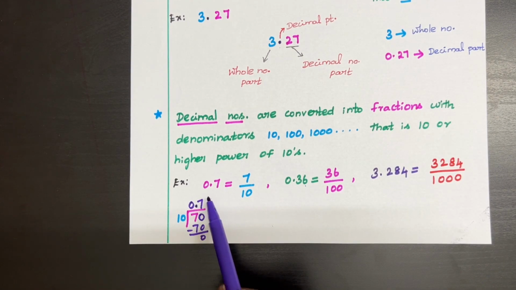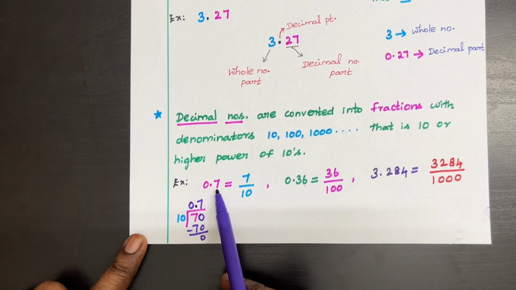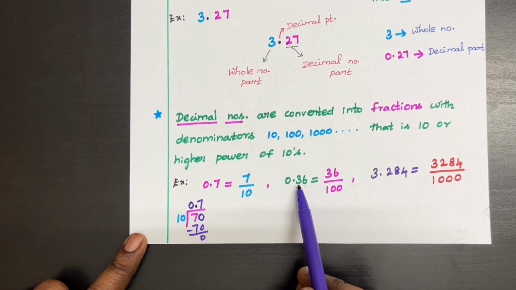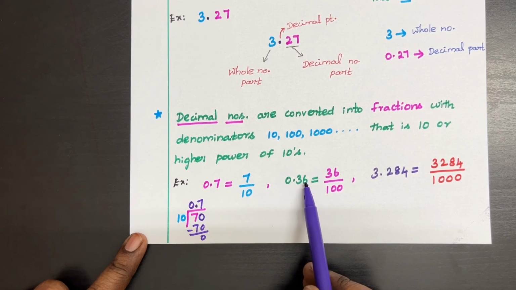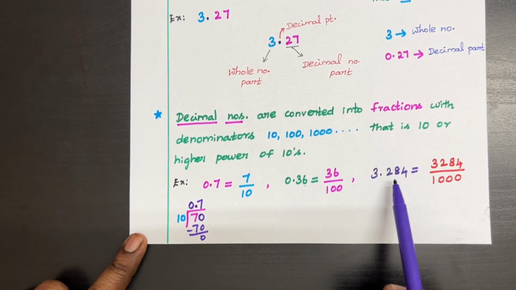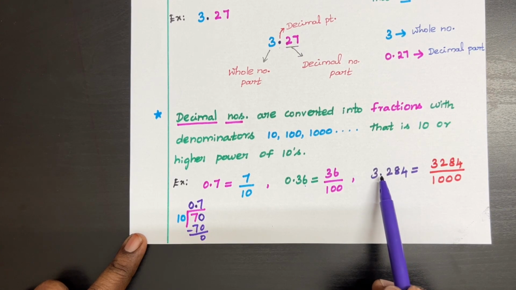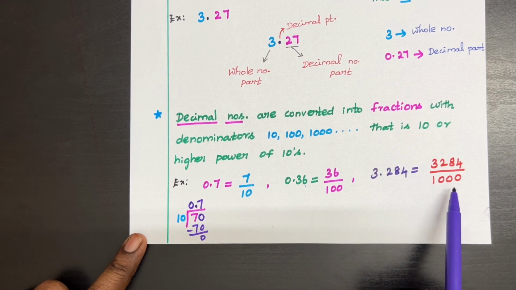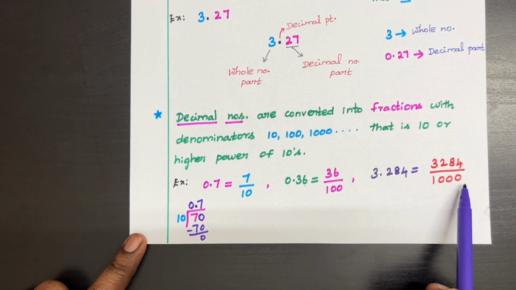If you see one digit after the decimal point, just give one 0 followed by 1 in the denominator of the fraction. Similarly, if you see two digits after the decimal point, you just give 2 zeros followed by 1 in the denominator. Here also, the decimal point is followed by 3 digits. So, in the denominator, we need to put 1 followed by 3 zeros.